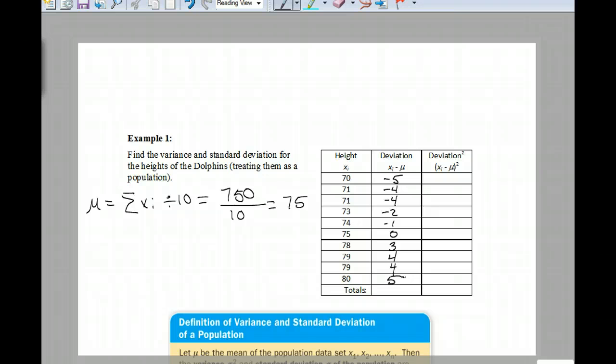Okay. Now the deviation squared. The deviation squared is 25, 16, 16, 4, 1, 0, 9, 16, 16, and 25.